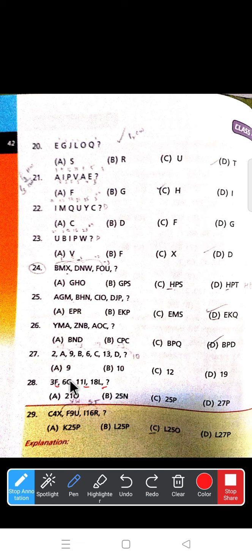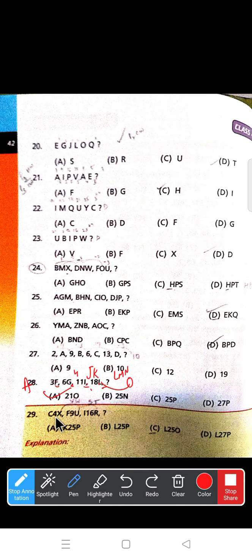So FG, there is no gap. After G to I, GH, one letter gap is there. After I to L, GHI, J, K, two letters gap is there. Then next letter after L, which letter should come? Three letters gap should come. So L, M, N should leave and you need to write O. So which option is having O, children? Option A. So 28th one is option A.